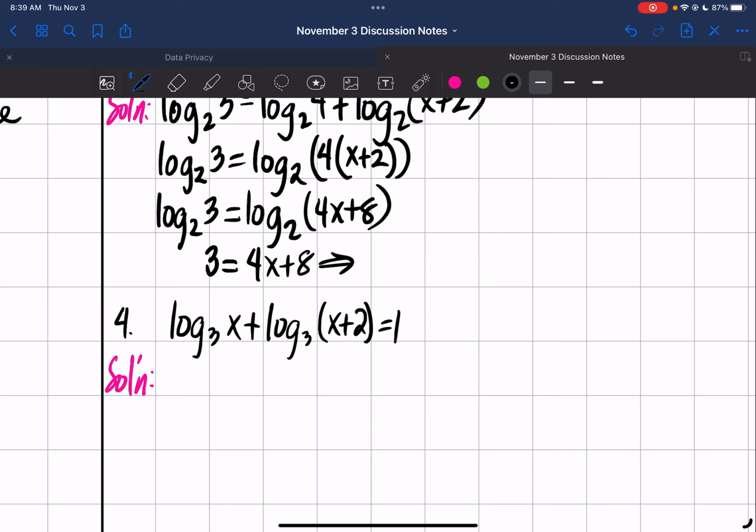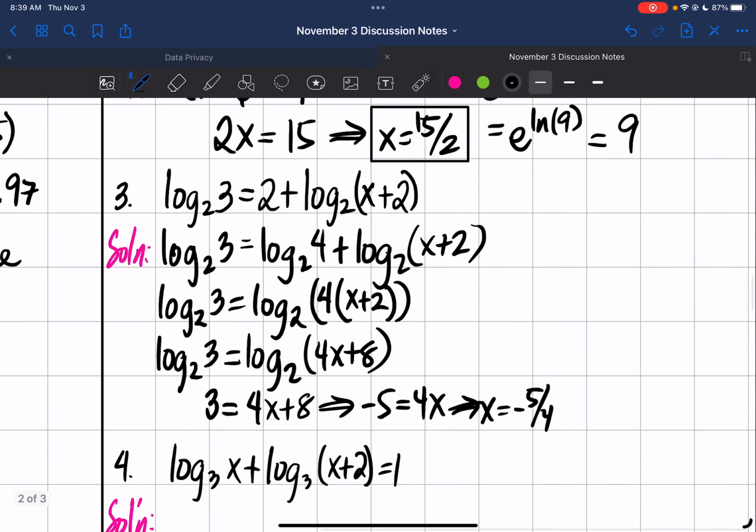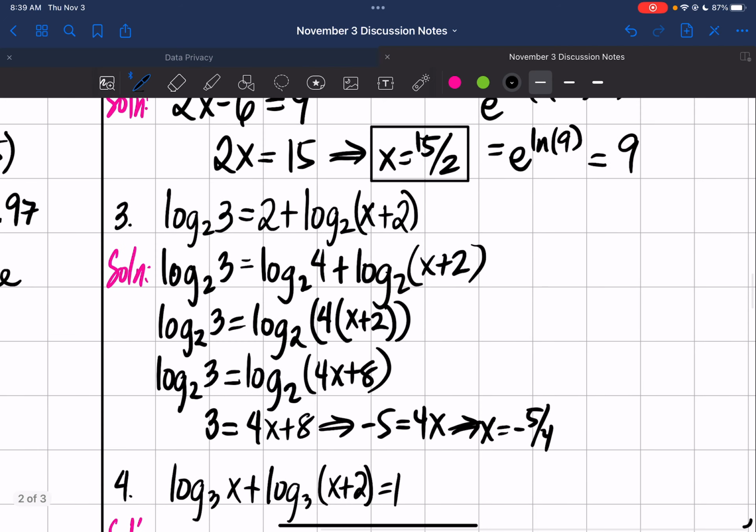If we move the 8 to the other side, we get 3 minus 8 is negative 5 equals 4x. And so, our x equals negative 5 over 4. So, let's try and check.